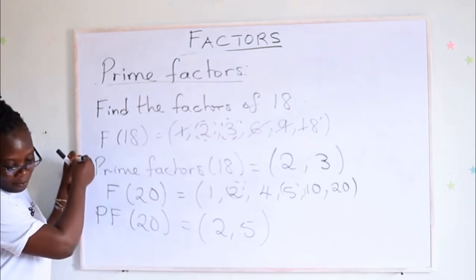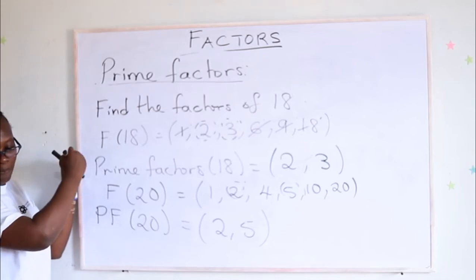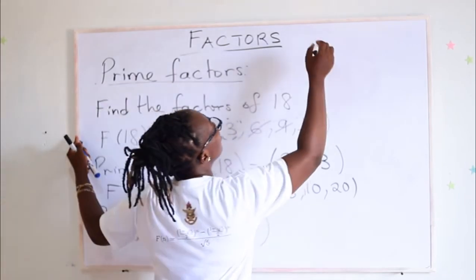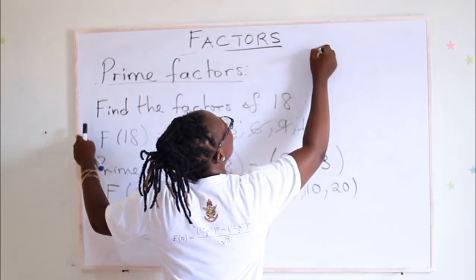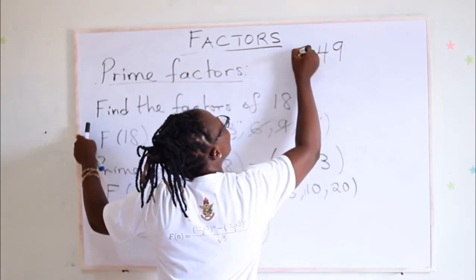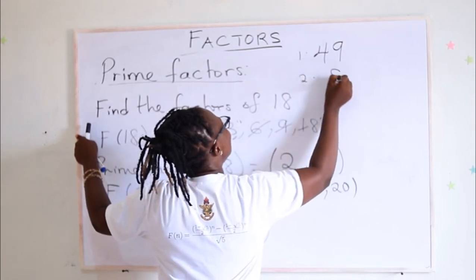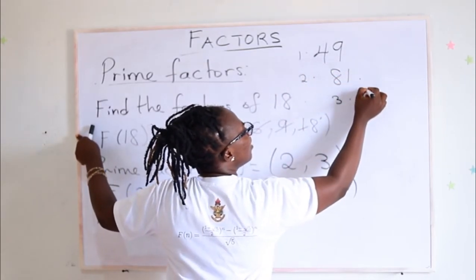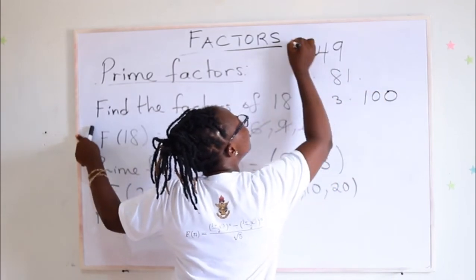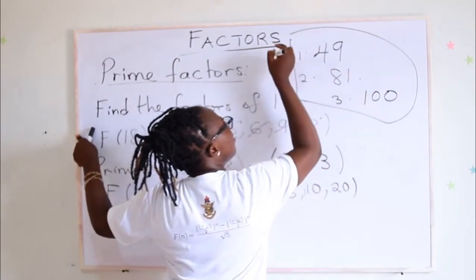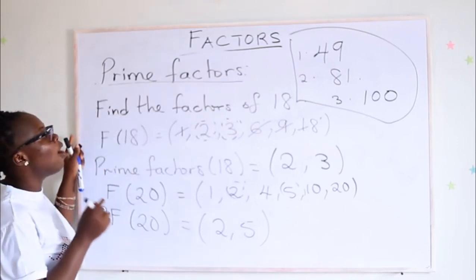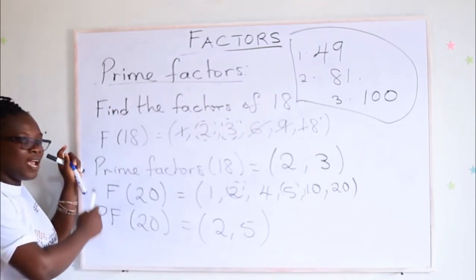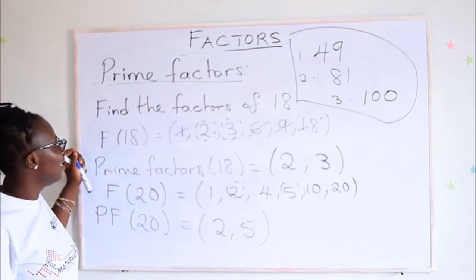Take this example and let's see. Find the prime factors of 49, 81, and 100. So try finding the factors of 49, 81, and 100. Then you find the prime factors.